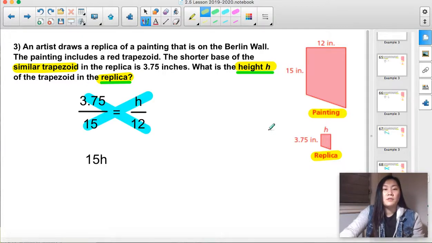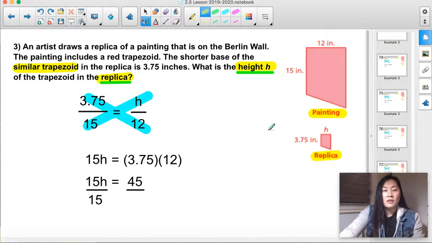We get 15h is equal to 3.75 times 12. 15h is equal to 45. I'm going to divide both sides by 15 because I want h by itself. 15 cancels out, or it becomes 1. So h is equal to 3 inches. So the height of the trapezoid in the replica right here is 3 inches.